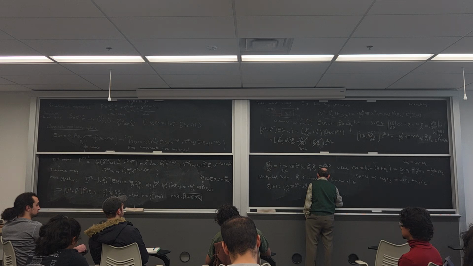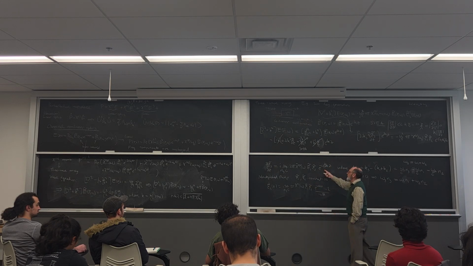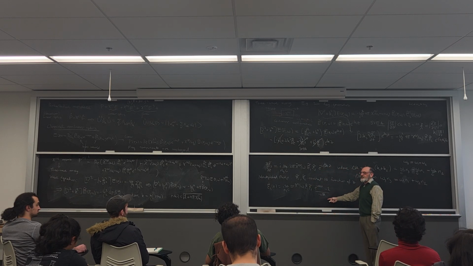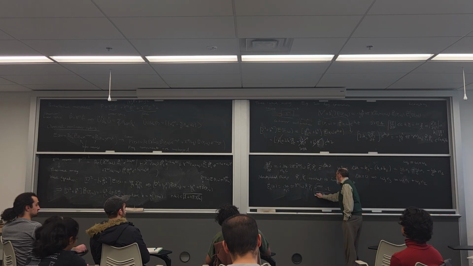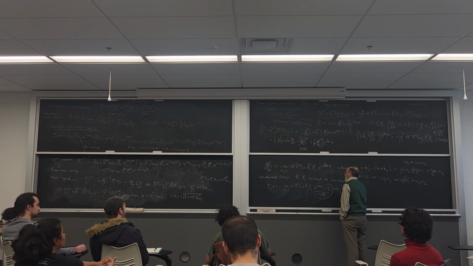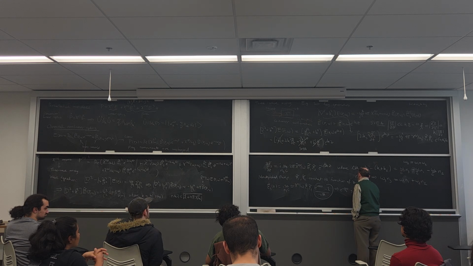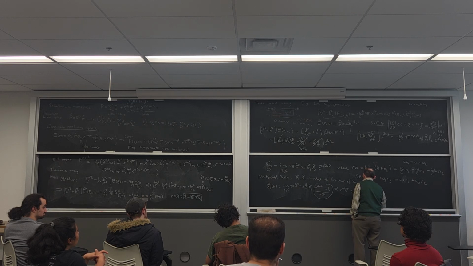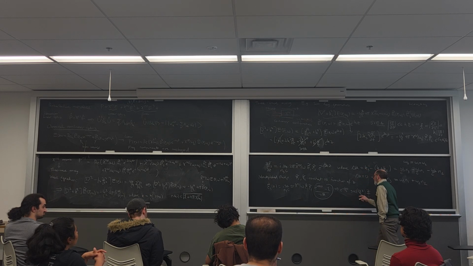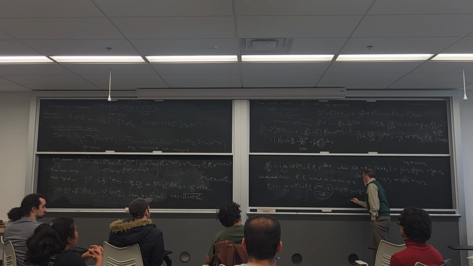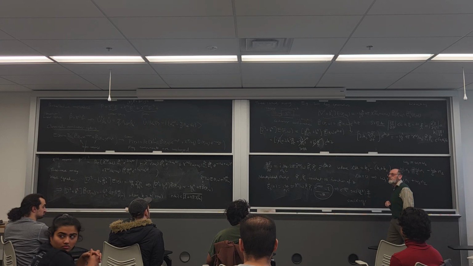That's just the integral from 0 to z, which is equal to e to the minus i delta k z over 2 times the sinc function of delta k z over 2 times z over 2, where the sinc function is sine x over x.